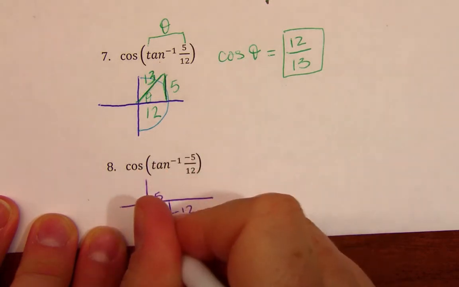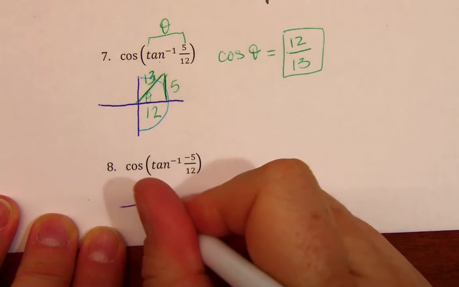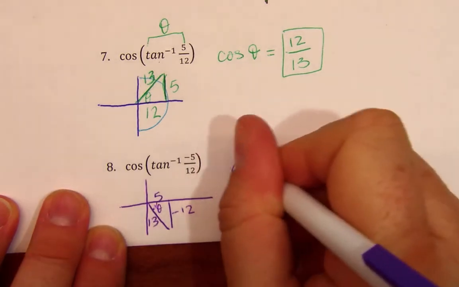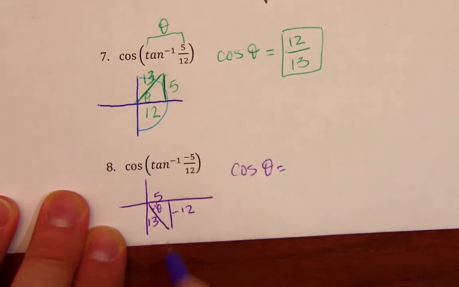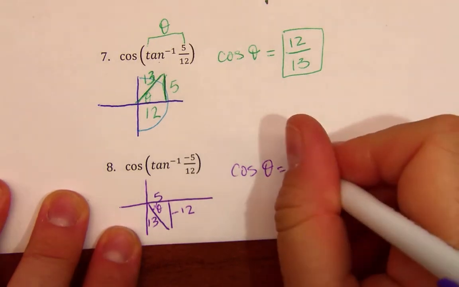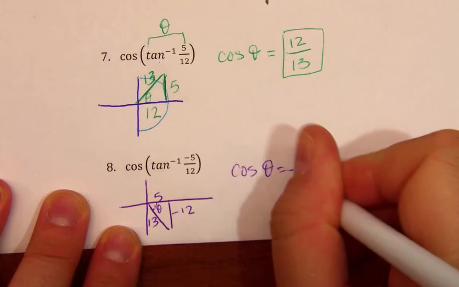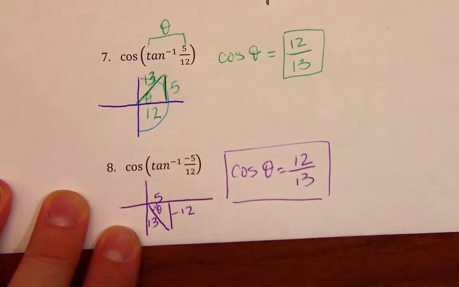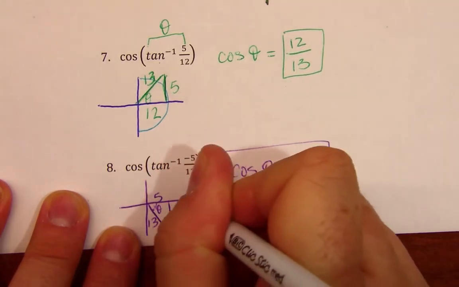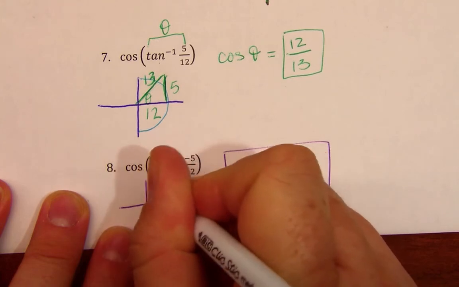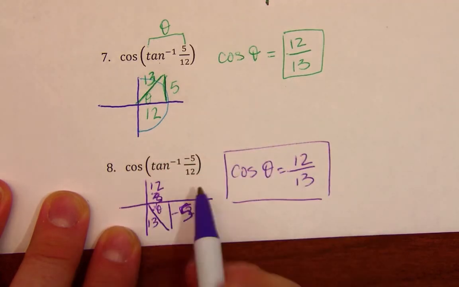And then this is 13 again. And our angle theta. And so cosine of theta right here is still positive because cosine is positive in quadrant 4. So this would be, again, 12/13. Oh, you know what? This is 5 and this is 12. This is the adjacent side.